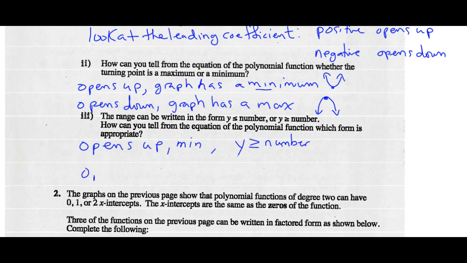If the graph opens down, such as this one, and we have a maximum, then our y values will be less than or equal to that maximum number. So the max would give us a maximum number, the range would be less than that. If it opens up, the min would give us a minimum number, and all the values would be higher than that.